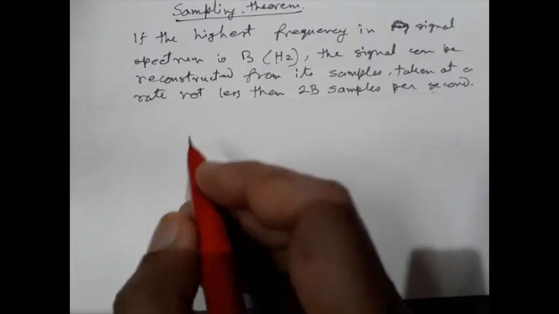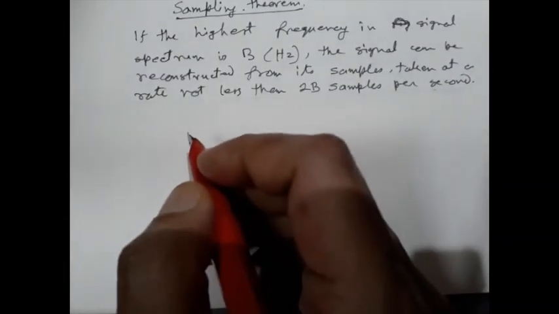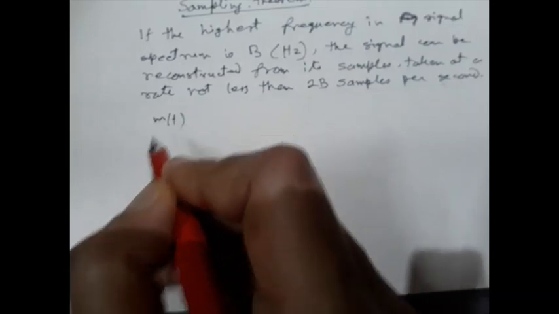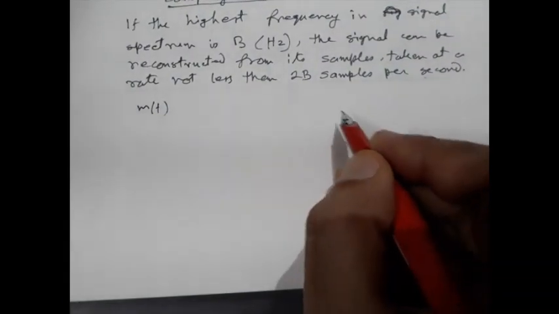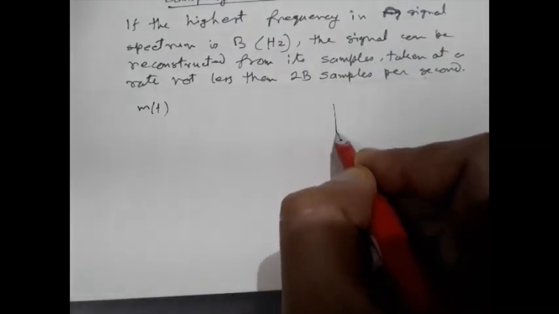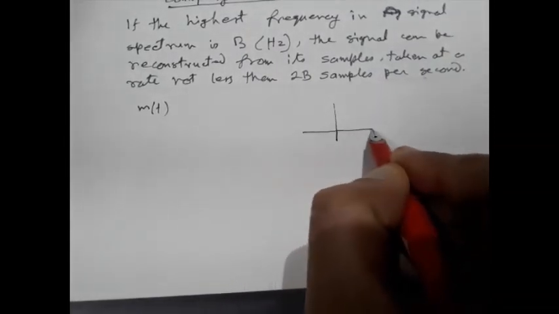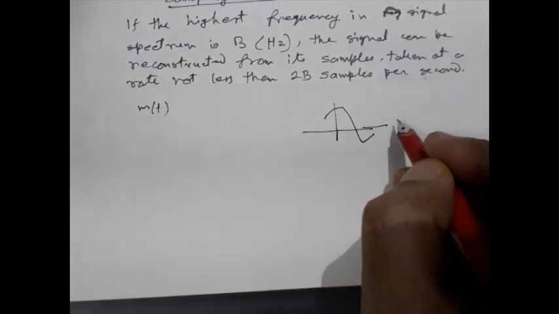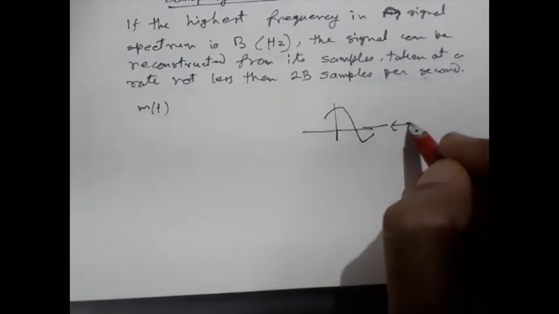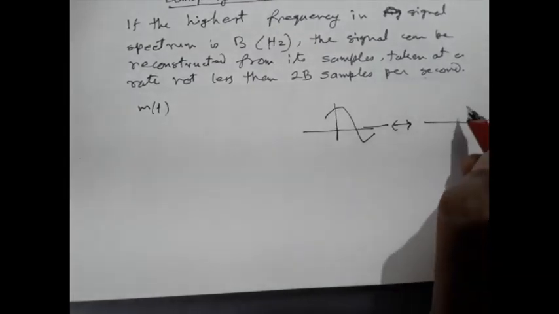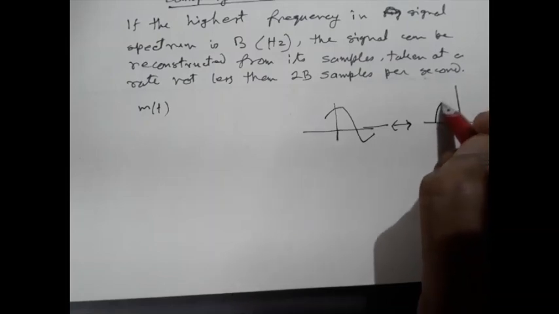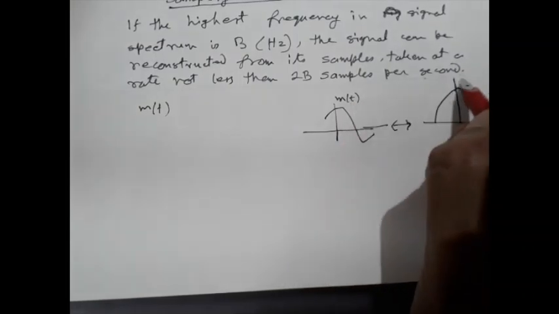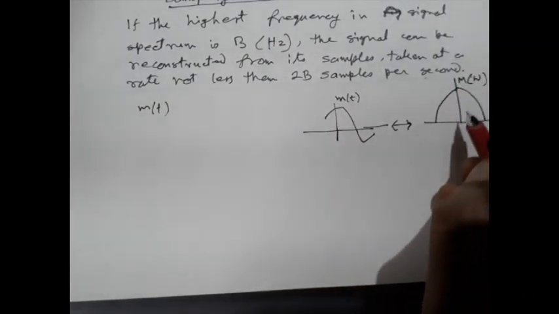To prove this sampling theorem, first we will consider a continuous time signal, say m(t). That m(t) is an arbitrary signal, may be drawn in this way, and its Fourier domain, or rather spectrum, is also assumed to be arbitrary, say this one. So this is m(t) and this is M(omega).